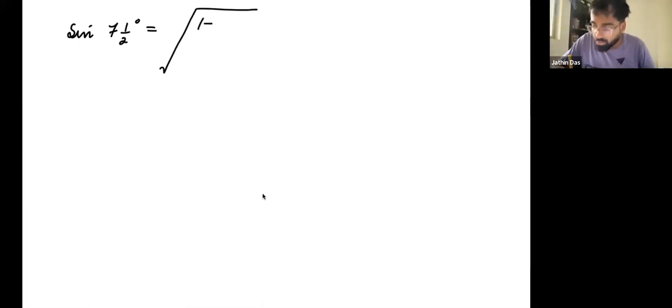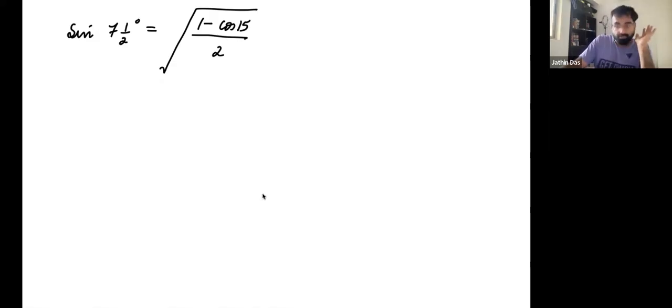Now, find me the value of sine 7.5 degree. How will you think? Sin 15 by 2, root of 1 minus cos 15, by 2. You don't need to by heart this. This is just to give you practice. They usually used to ask this long back.